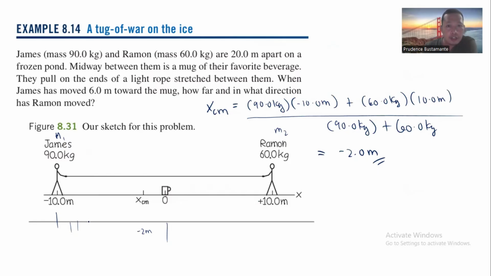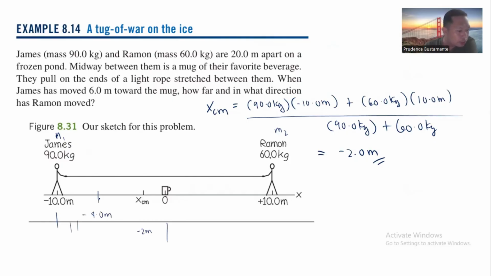How far and in what direction has Ramon moved? When James has moved towards the mug, his new coordinate is negative 4.0, because if he moves 6 meters, James is now at negative 4.0 meters.